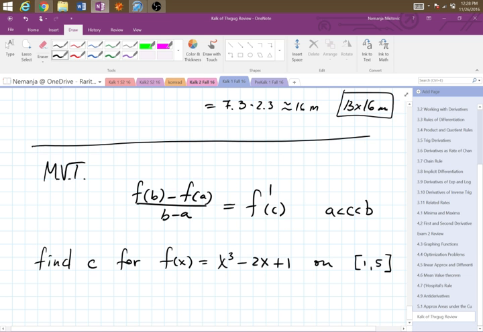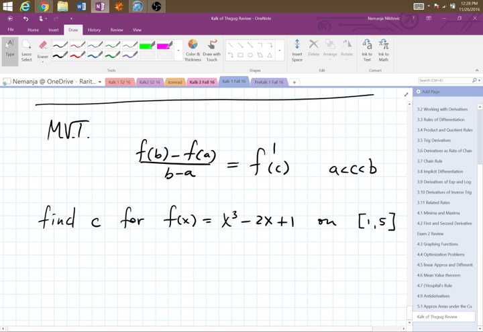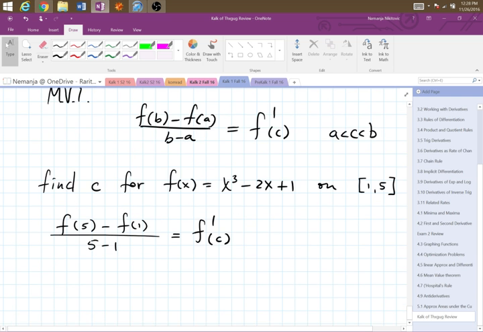No, it doesn't matter. So what we do is we find f of 5 minus f of 1 divided by 5 minus 1 equal to the derivative of f at that mysterious value c.